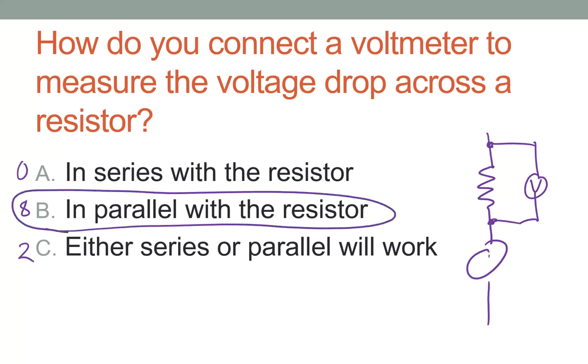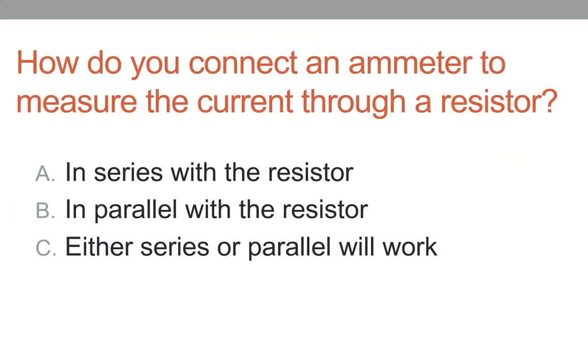And now for our final question. How do you connect an ammeter to measure the current through a resistor?